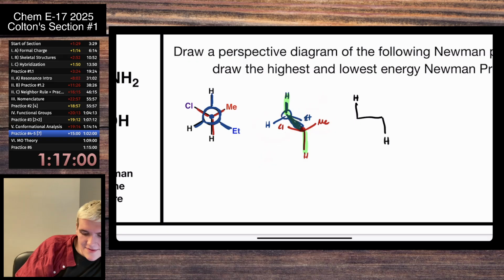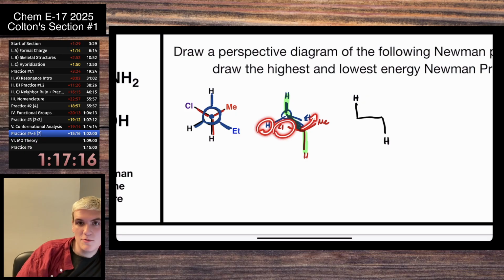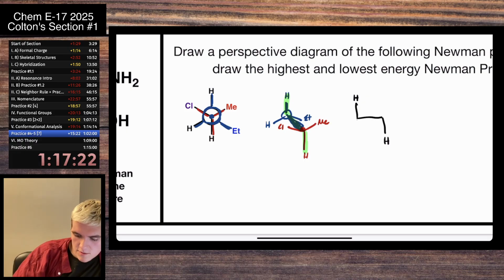Well, we can see with this dragging, we're taking it away from us. We're pushing this further and further back. And so what that's going to mean is these ethyl and methyl are going to be going away from us. And then by virtue of spreading this out, these chlorine and hydrogen are going to be more towards us. So we are going to put the chlorine and hydrogen here on wedges coming towards us.